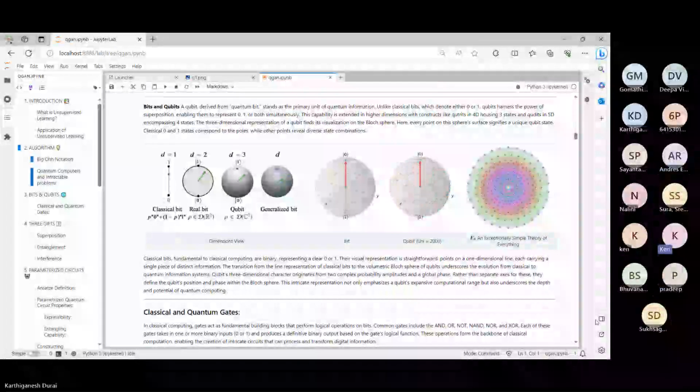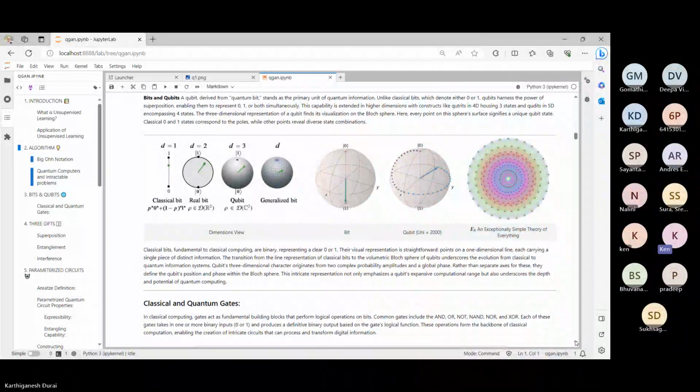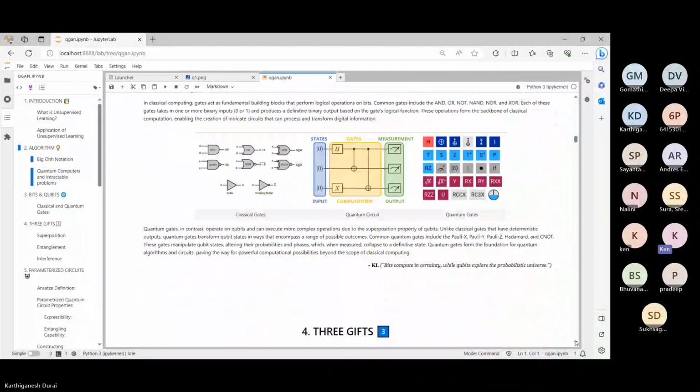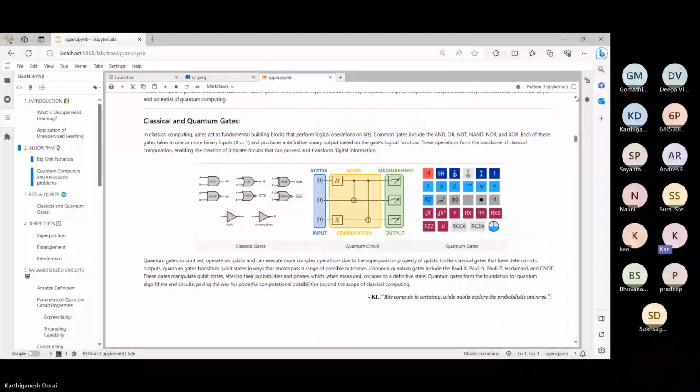Classical gates and quantum gates. So just like a bit being a one-dimensional movement, classical circuits are themselves just a single gate, but connected in a variety of ways to produce these 6 gates that we're familiar with in the classical sense.